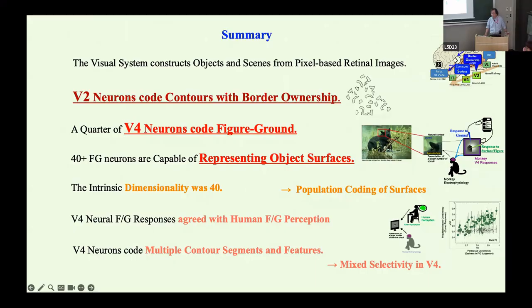Because I think both border ownership and figure-background relationship change when perception changes. So my question is, first, did you observe any kind of oscillations in V4 neurons that might represent switching in perception?